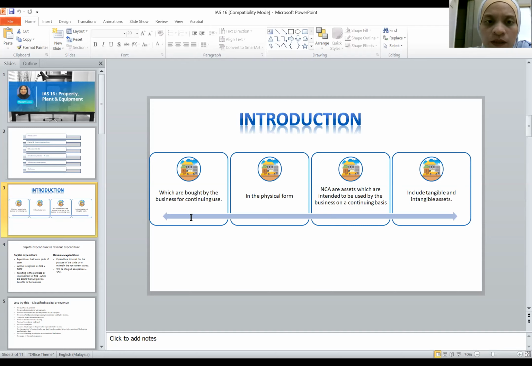So assets are bought by the business for continuing use in physical form, which means you can see them. You can feel, you can touch, you know the shape. For a building, what the shape is like, how many floors.